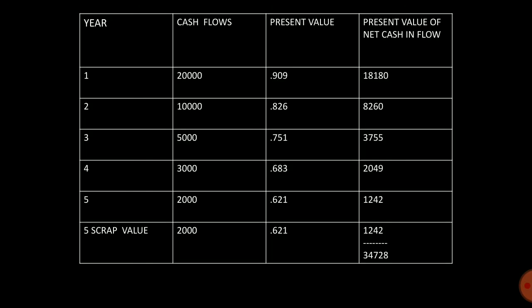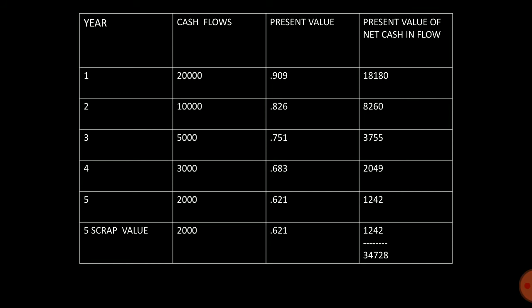Then we want to find the NPV of project Y, and we have to follow the same method. We draw 4 columns for calculating present value of cash inflows. First column is year 1 to 5, then scrap value. In the fifth year we realize scrap value, so in the fifth year's row we add scrap value too.